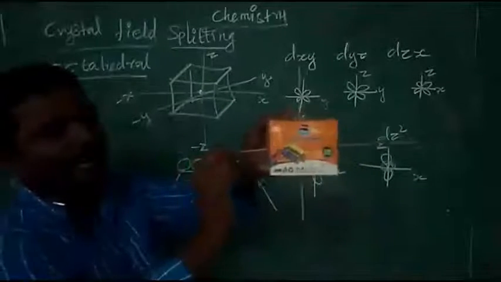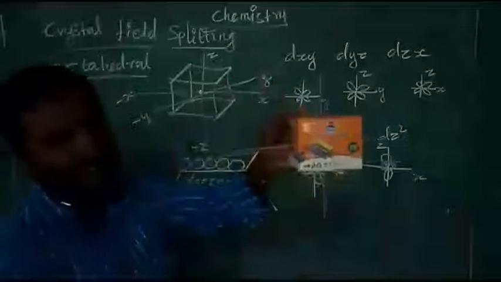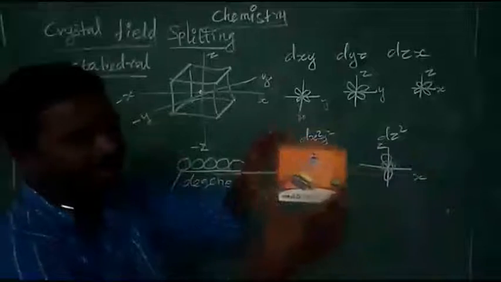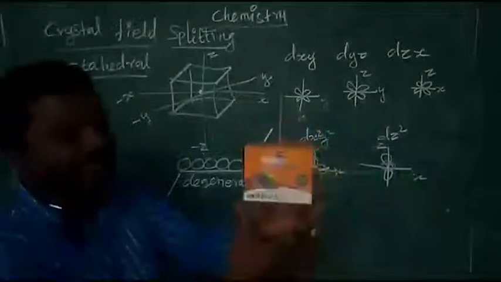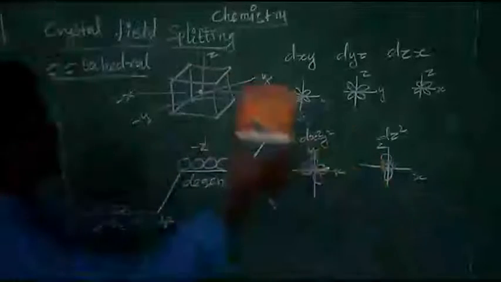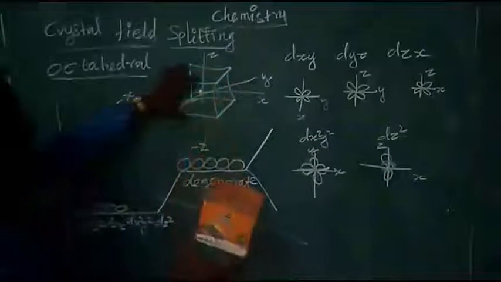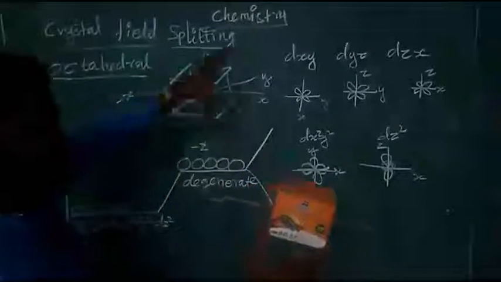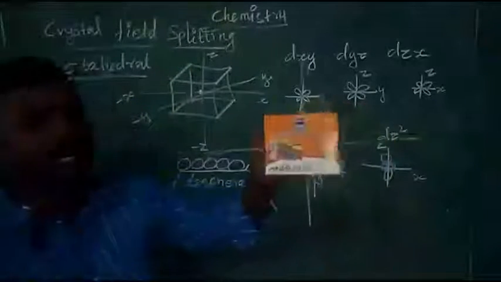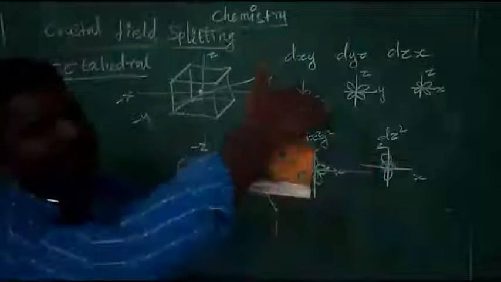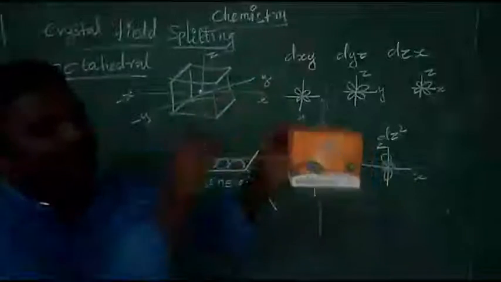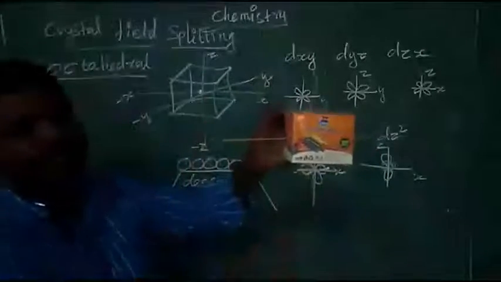This one is the y-axis, up to bottom. This one is considered the z-axis. In the three-dimensional representation we have to draw like this. In the book it is drawn two-dimensionally like this structure. Now I made it into a three-dimensional structure: x-axis, y-axis, z-axis, and opposite, minus x, minus y, minus z.